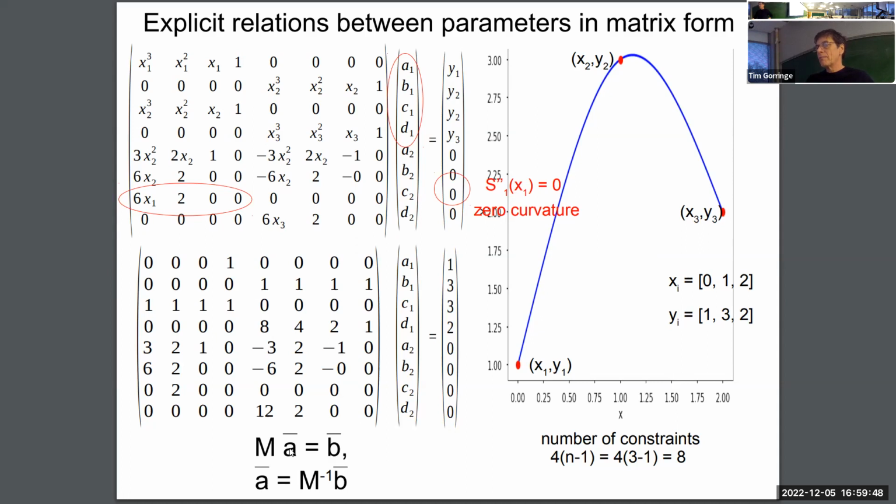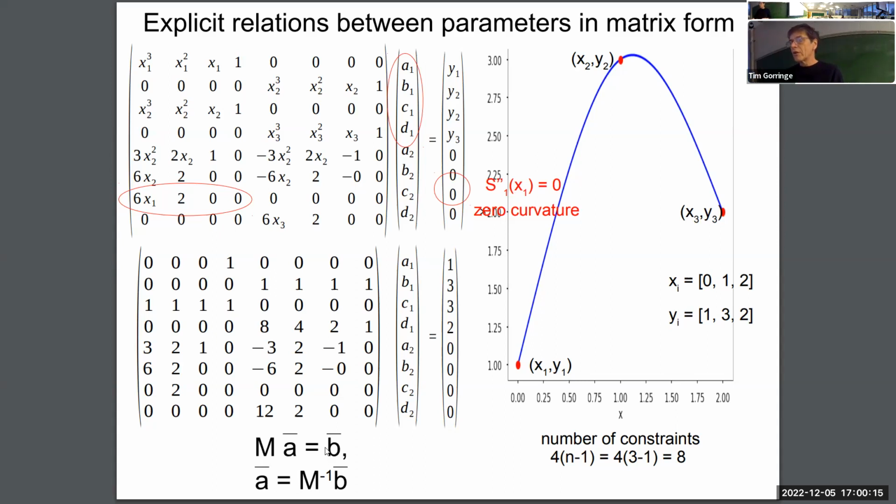Matrix multiplied by this column vector gives this column vector B. We know the matrix, and we know the column vector on the right because they are defined by the data points. And what we want to find is this vector here, because those are the coefficients of the two cubic functions. They will determine the interpolating curve.